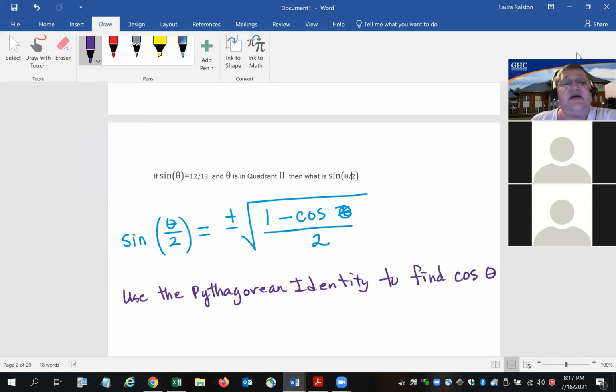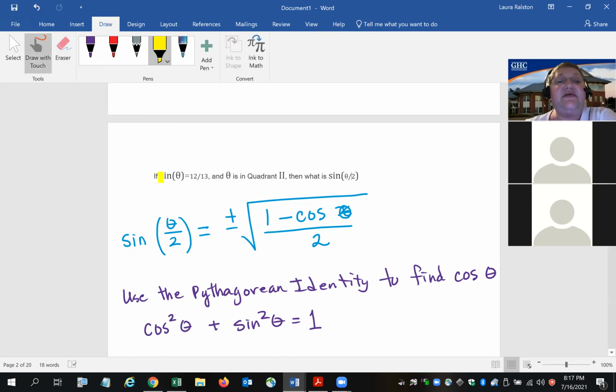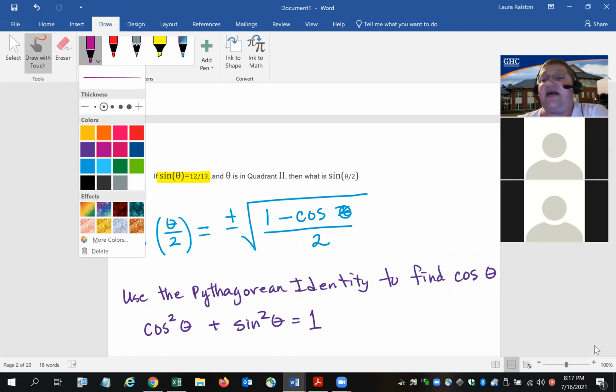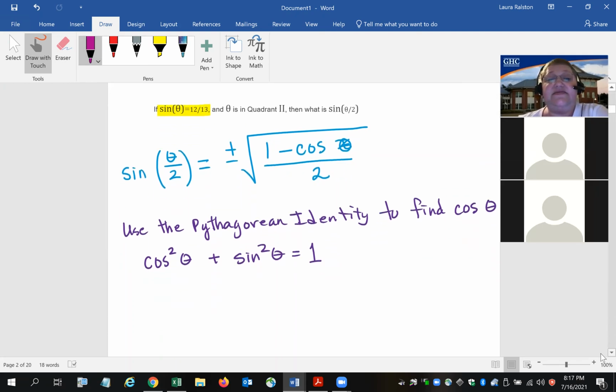Cosine theta. Okay, your Pythagorean identity, remember, is cosine squared theta plus sine squared theta is 1. I was given the sine of theta as 12/13, so I can substitute that into my Pythagorean identity.